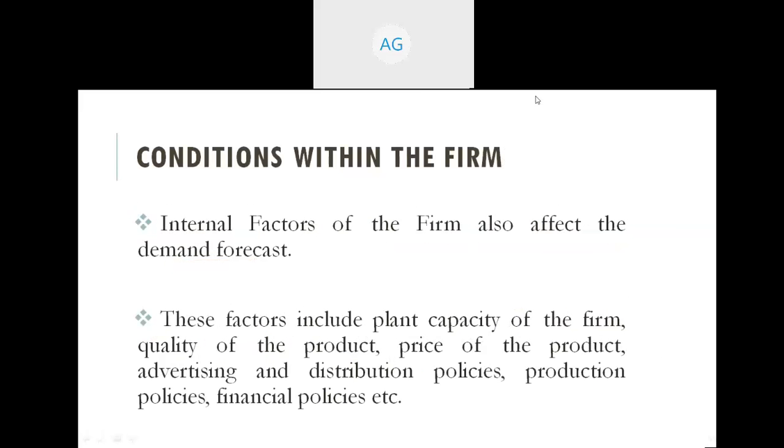Now the third determinant is conditions within the firm. So internal factors of the firm also affect the demand forecasting. So here we are talking about a particular firm or a particular company. So these factors include plant capacity of the firm. It means some companies have a small infrastructure and some companies have a large infrastructure.